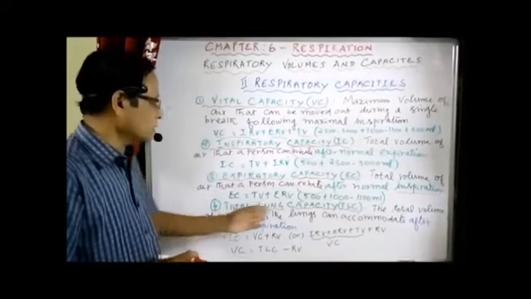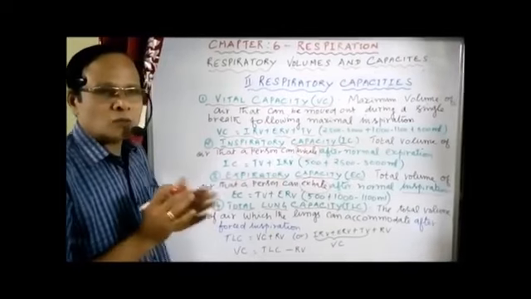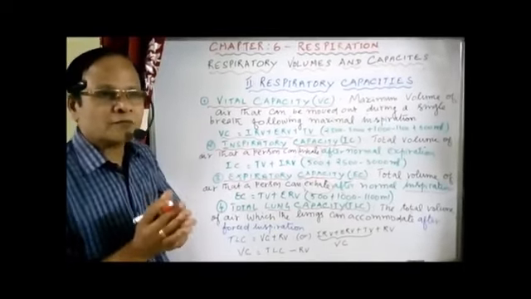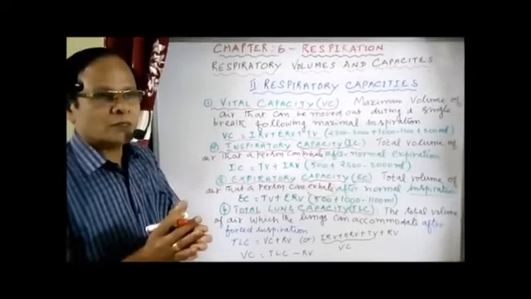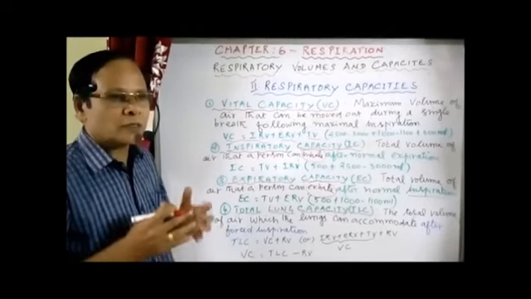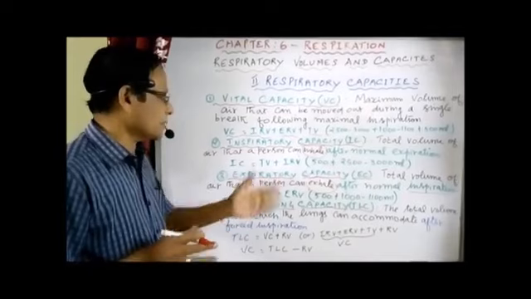Now the next one, TLC, the total lung capacity. This is the total volume of air that the lungs can accommodate after forced inspiration, for example during physical exercise. So after forced inspiration, you calculate the volume of air accommodated within the lungs, and that is called total lung capacity.